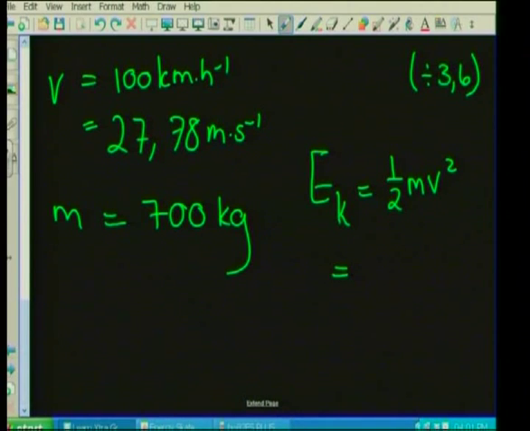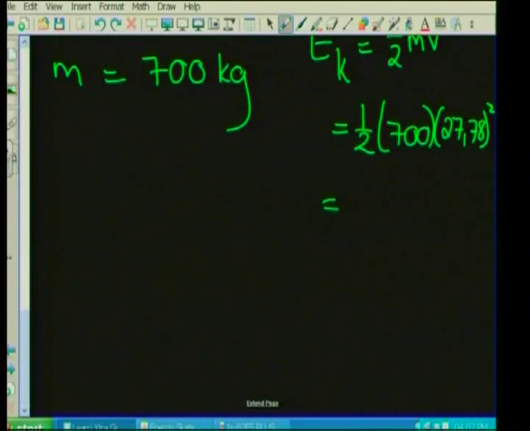So we're going to put this into our calculators: a half times 700 times 27,78 squared, and this gives us a really big number, which is 270,104,94 joules.